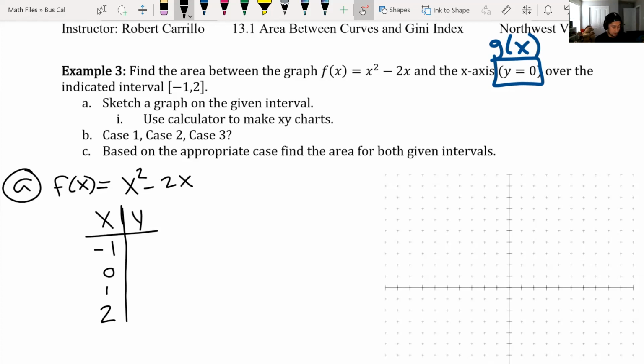X squared minus 2x. -1 gives me 3. 0 gives me 0. 1 gives me -1. And 2 gives me 0. Do g of x. G of x equals 0.